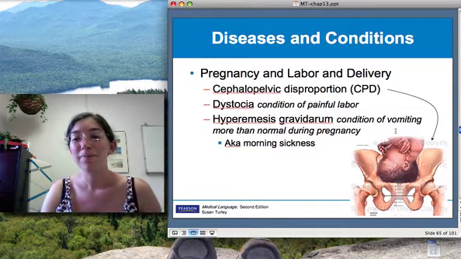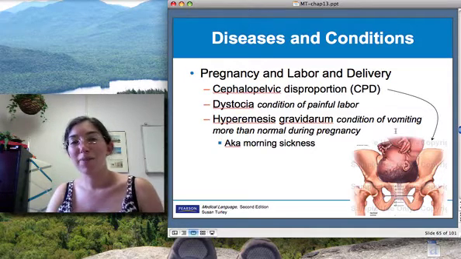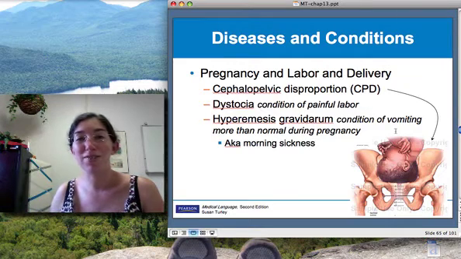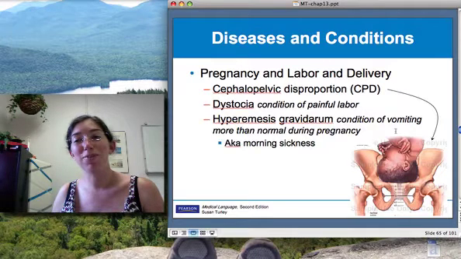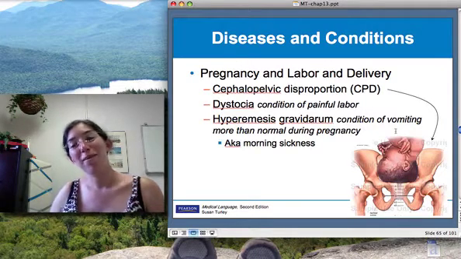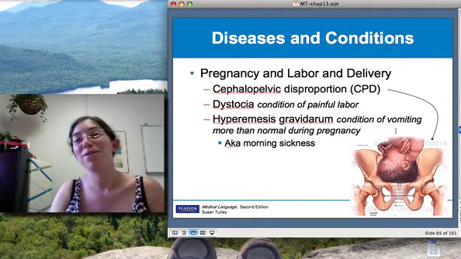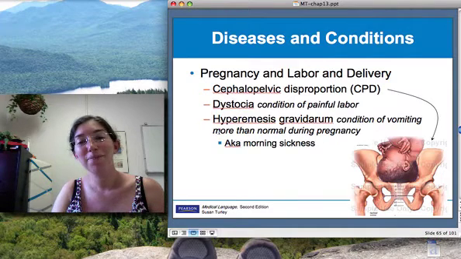I read a book about a midwife, and it told all these stories of different labors she attended, including her own labor. And I think for one of her children, maybe the first one, the way that the baby was positioned, he actually broke her tailbone on the way out. So I imagine that would have qualified for dystocia.